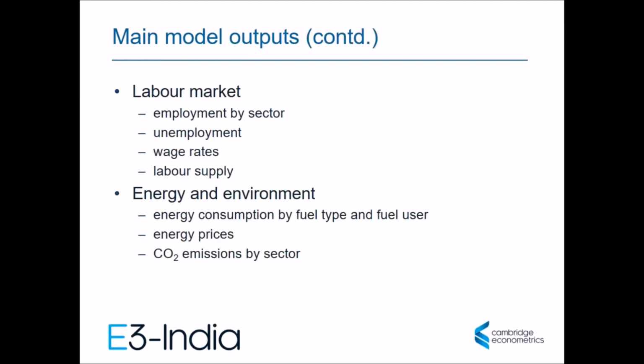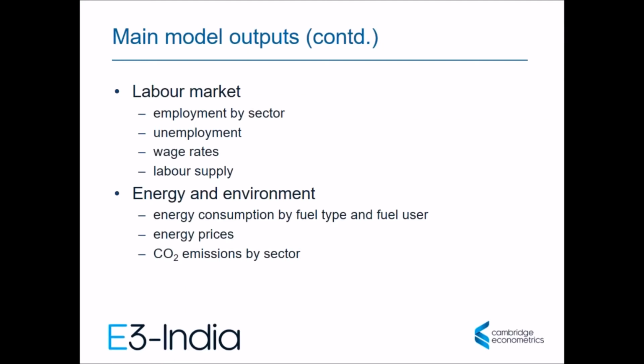Now, I said GDP was either the first or the second indicator that people look at. Well, the other one is employment. Employment and unemployment are both outputs from the model, which get a lot of attention as well. They're not the only labour market indicators. Wage rates and labour supply are also in there.